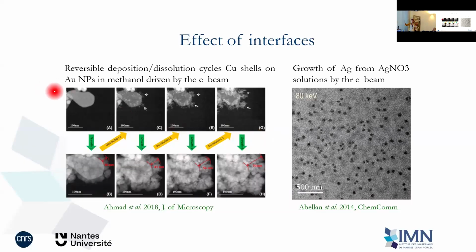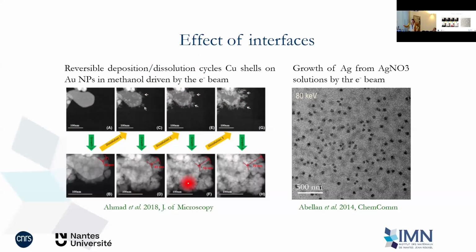This one is even more important. This is not water, I think this was methanol. You are looking at carbon on gold nanoparticles, and you see that nothing happened in the solution, only when irradiating with the electron beam. You have this solution with gold nanoparticles and copper dissolved. You start irradiating and you see growth, almost looking like dendrites, like doing electrochemistry.